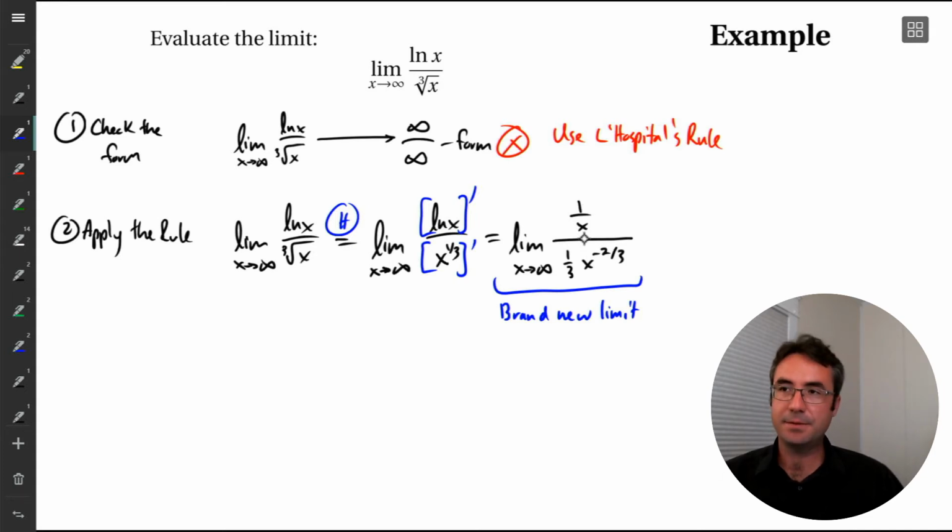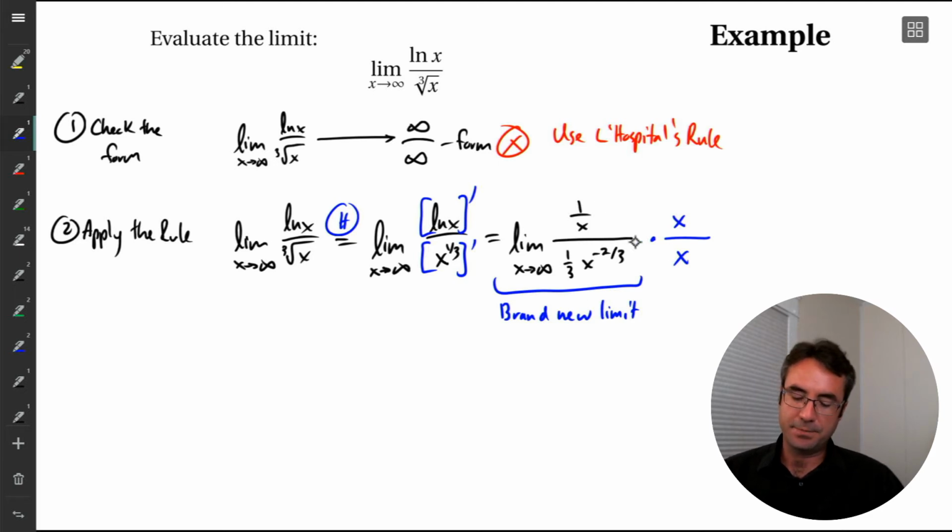What jumps out at me, I want to get rid of that 1 over x. So what could I do? Well, if I multiplied the numerator here, this 1 over x, by x, that would cancel it out for me. And I can't just do that to just the top. If I'm going to do that, I have to do it to both the top and the bottom of my big fraction here. So I have to also multiply the denominator by x.